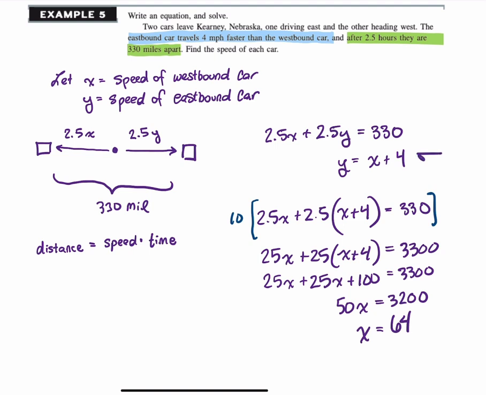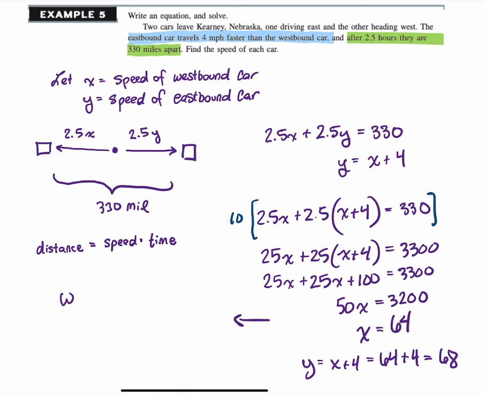And then we said for our second equation, y equals x plus 4. So this one's pretty nice. Y will equal x plus 4, which is 64 plus 4, or 68 miles per hour. So let's give our solution in context of the problem. We said x is the speed of the westbound car.